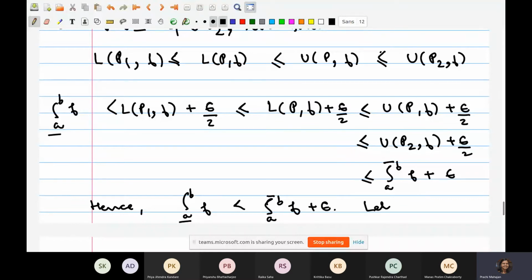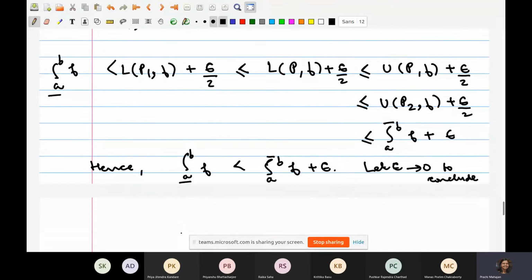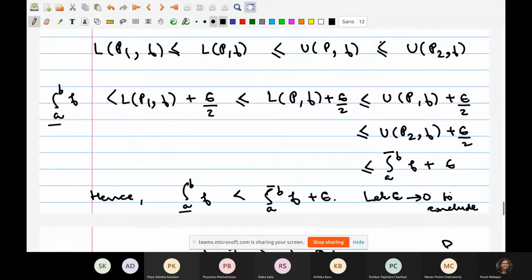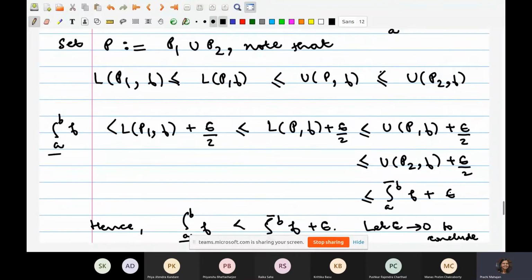So let epsilon tend to 0 to conclude. To conclude what? To conclude that the lower integral of f is always bounded by the upper integral of f. Is this okay with everybody?